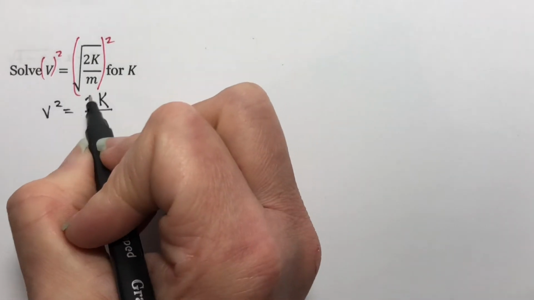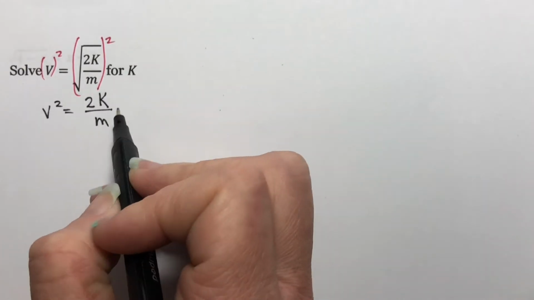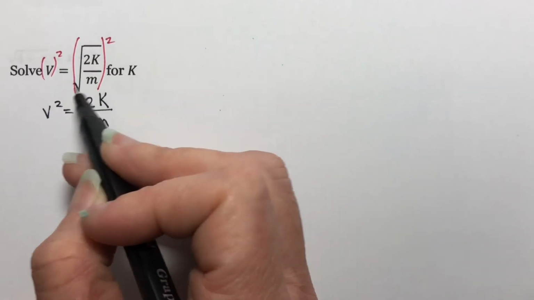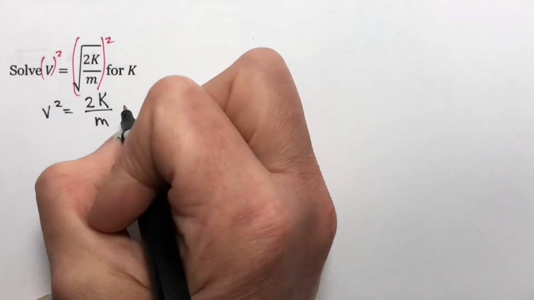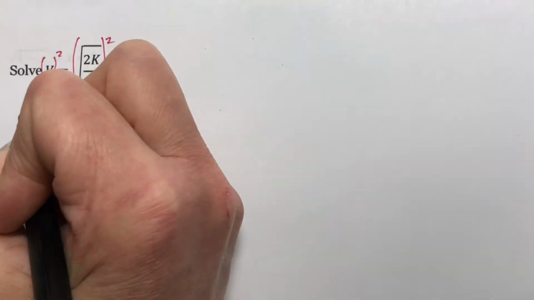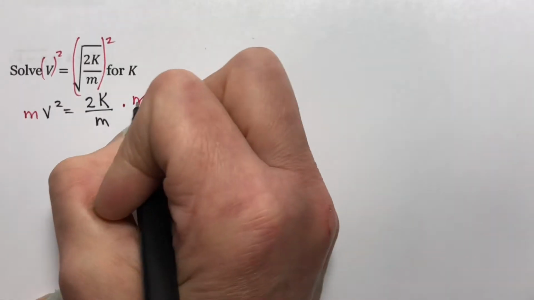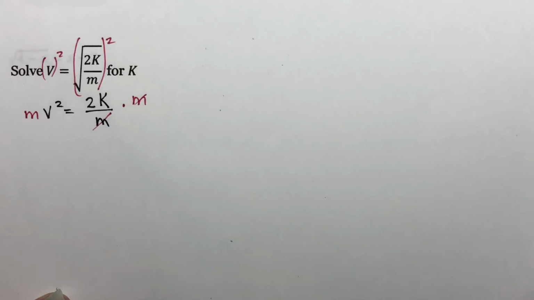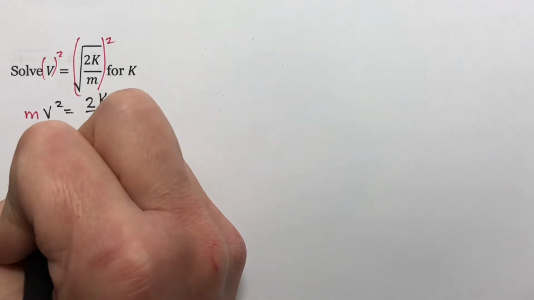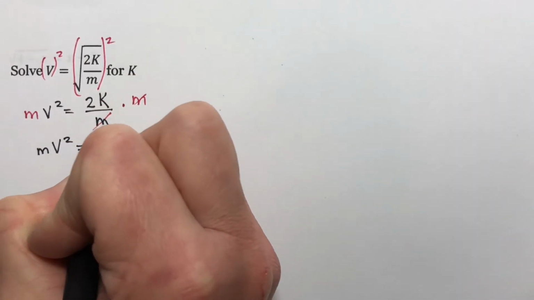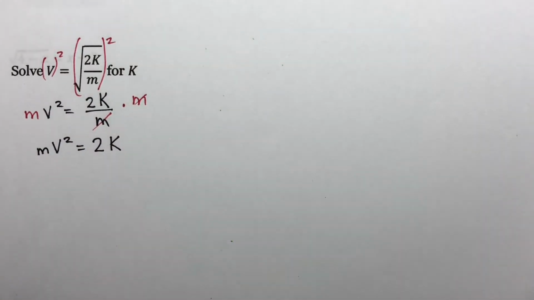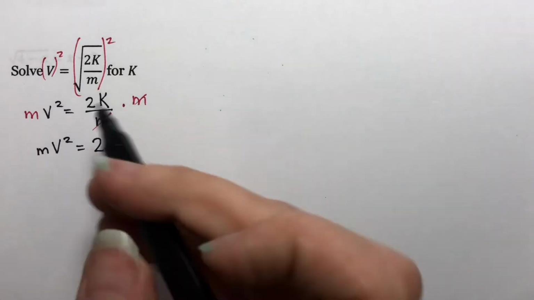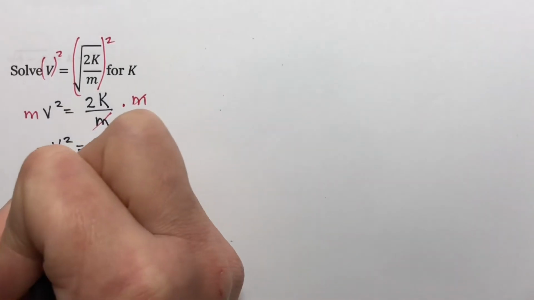Okay, I'm trying to get k by itself. What I have now is a rational equation. I want to multiply both sides by this denominator so it goes away. These will cancel. So I have mv squared is equal to 2k. I want my k by itself, so I'm going to divide both sides by a 2.